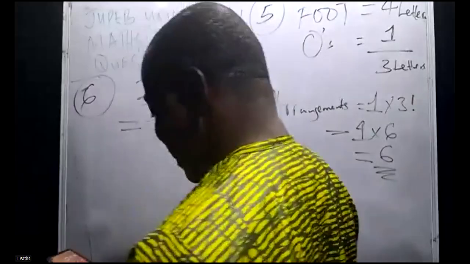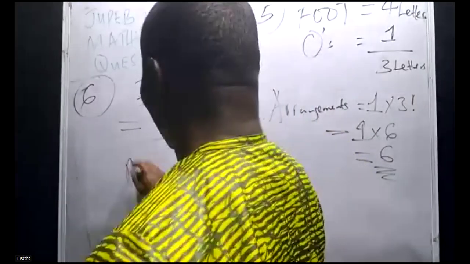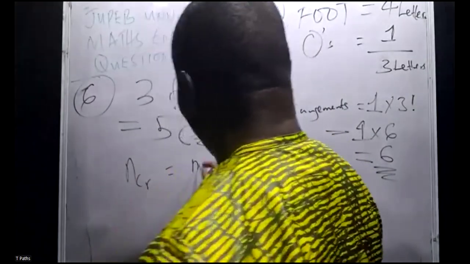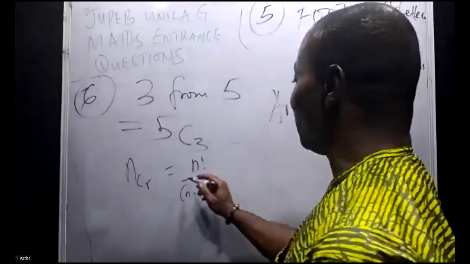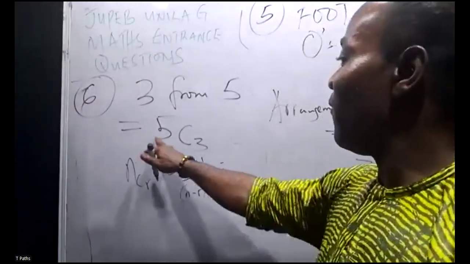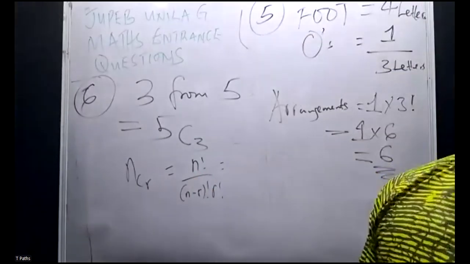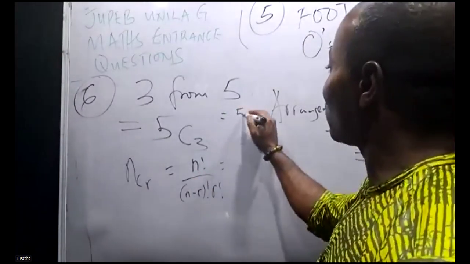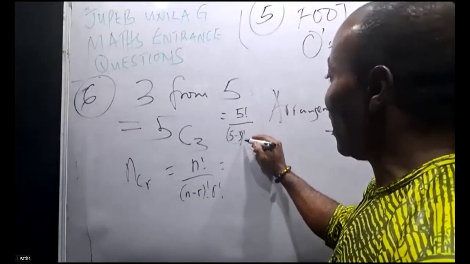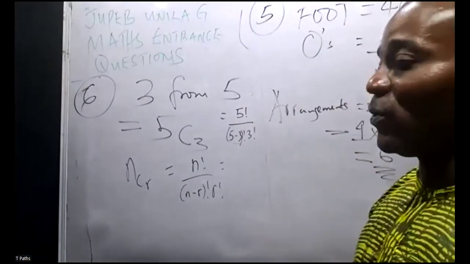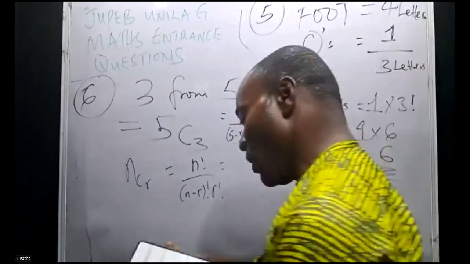Remember, I gave you that combination is n factorial over n minus r factorial, r factorial. Now the n is 5 and the r is 3. So we have 5 factorial over 5 minus 3 factorial, 3 factorial.